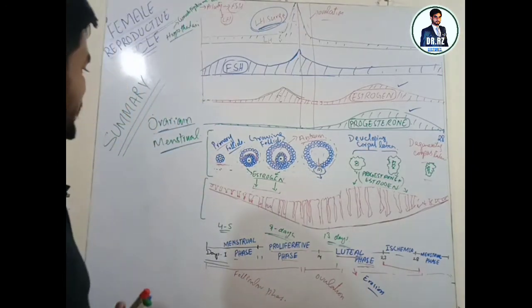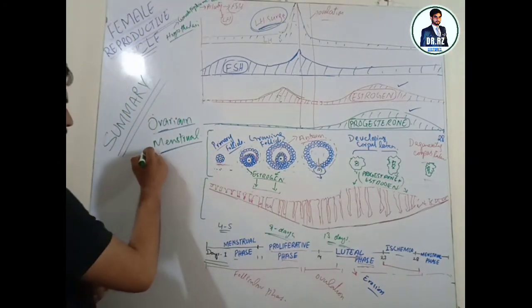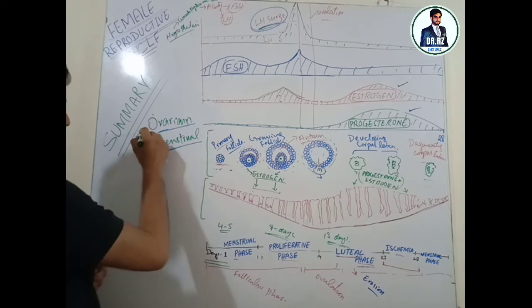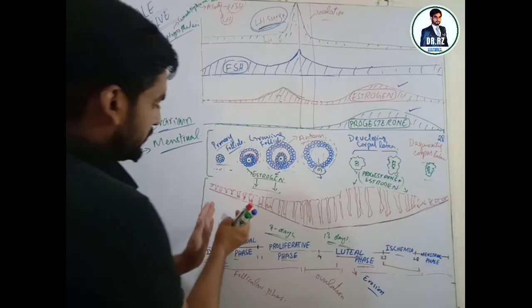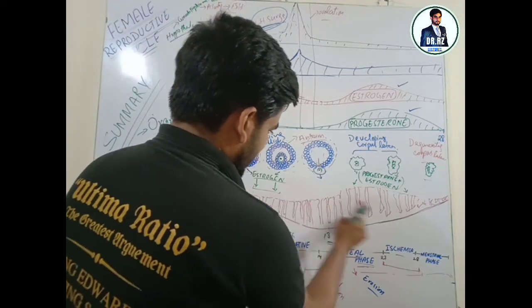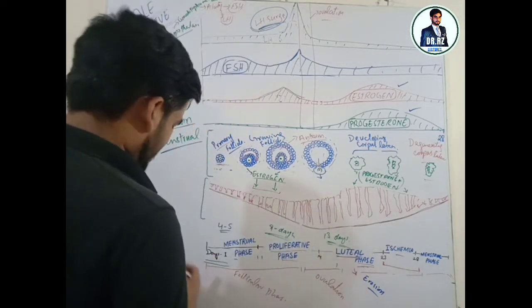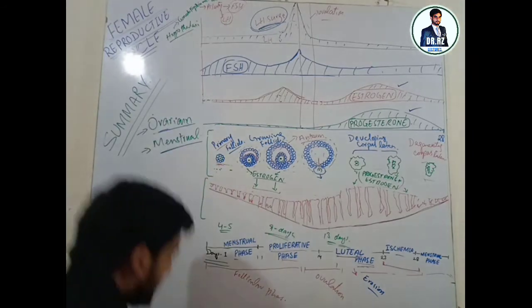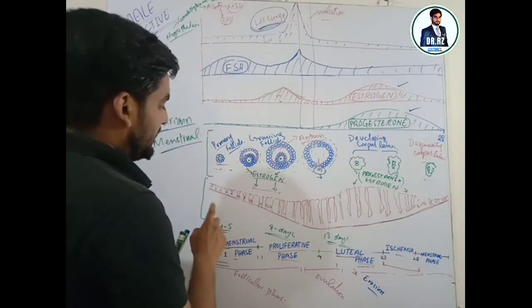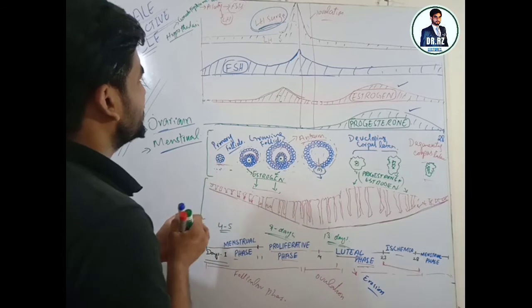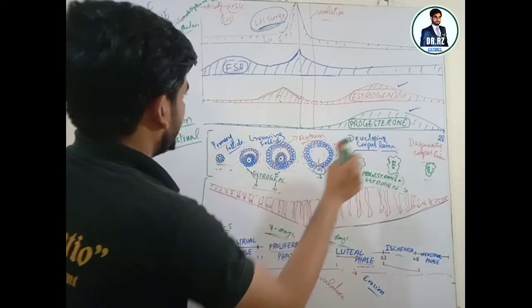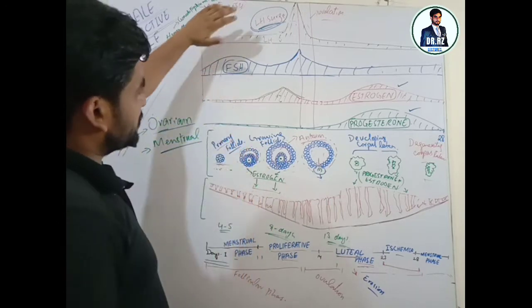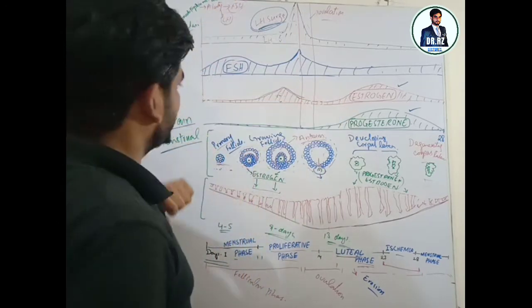Next is the endometrial or menstrual phase, or menstrual cycle, of the female reproductive cycle. We can coincide these cyclic changes with the follicular changes in the ovary and also the level of hormones.